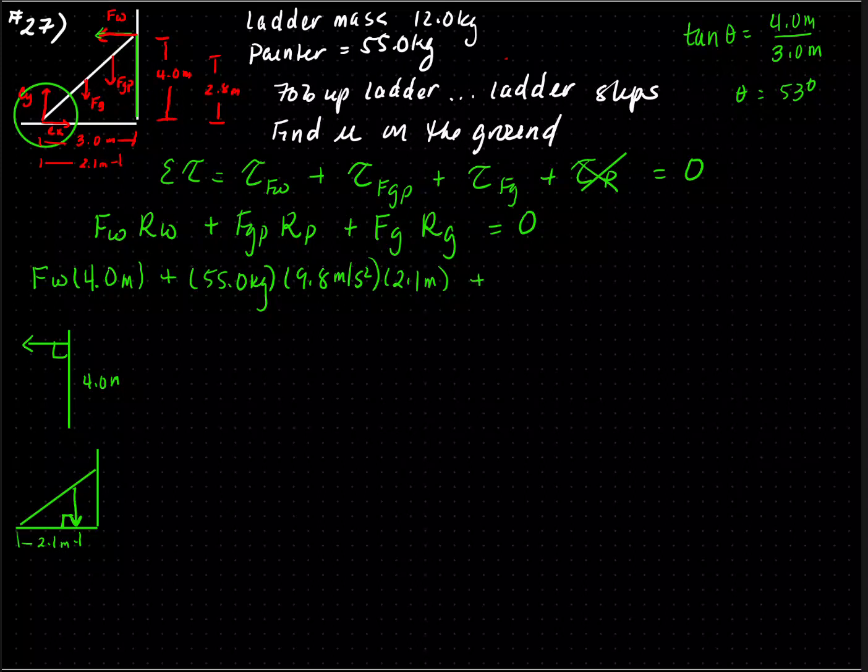The next one we're going to plug in is the ladder's mass, which was given in kilograms, so I need to multiply by 9.8. And for my distance, I'm going to redraw it again. They gave me the ladder, which is in the middle.